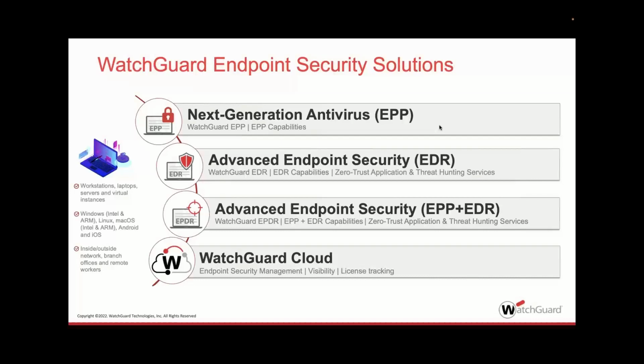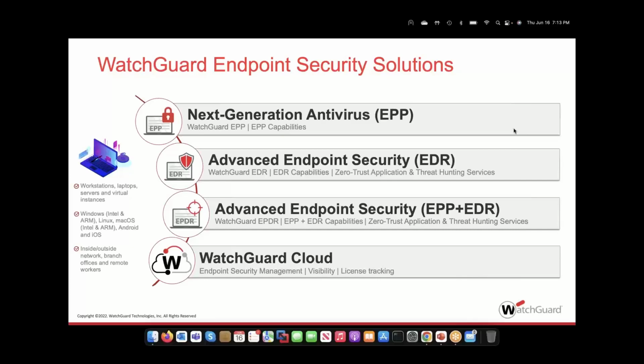And our coverage is currently Windows, Intel, and ARM CPUs as well, Linux, macOS, both Intel and Apple Silicon architectures, Android, and one of the updates that we are going to be talking about is in fact our iOS agent that we just released.